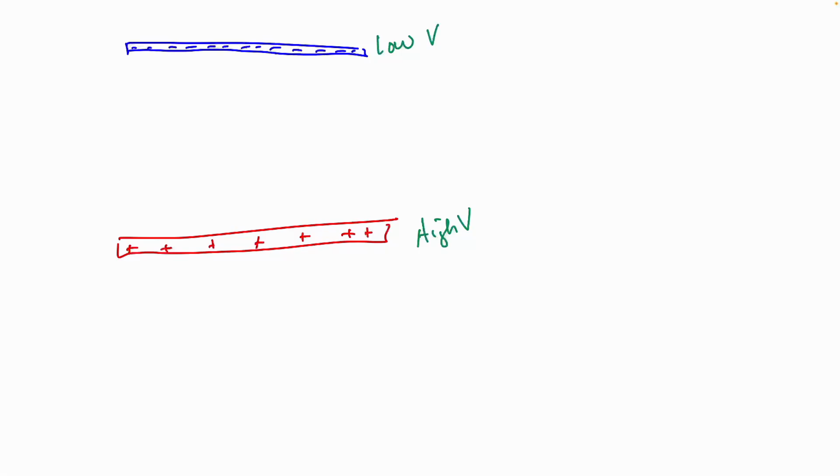All right, so those are the conventions and definitions, and I put a positive charge right in the middle. Which way will it go? It'll go towards the low potential. But what will a negative charge do? It'll go towards the high potential.